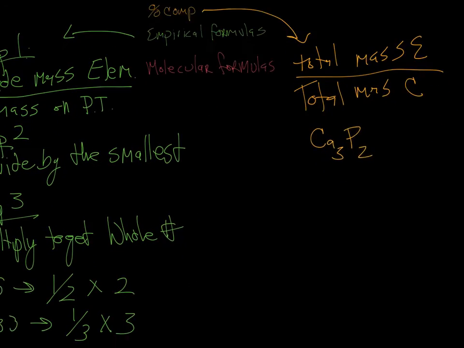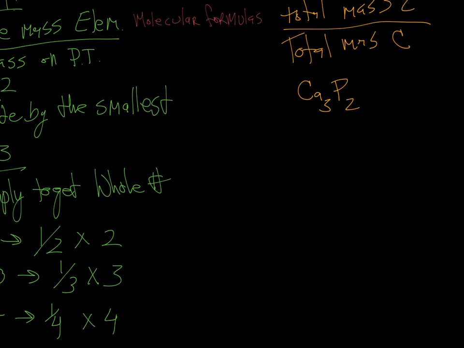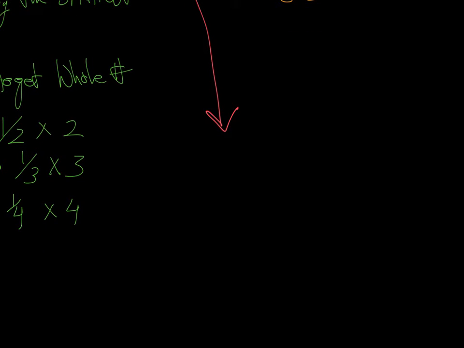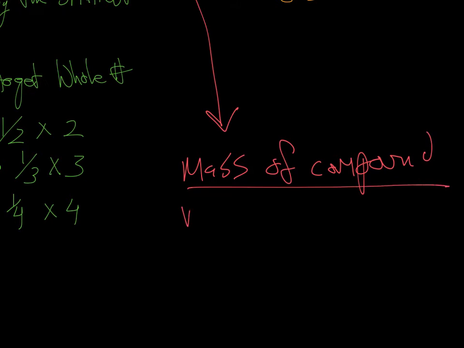Okay, so now we're going to come back, and now we're going to look at molecular formulas. So for molecular formulas, first you have to get the empirical formula, and that means we're going to have to do all of the stuff that we just talked about in green over there. And for the molecular formula, you take the mass of the compound and divide by the mass of the empirical formula.